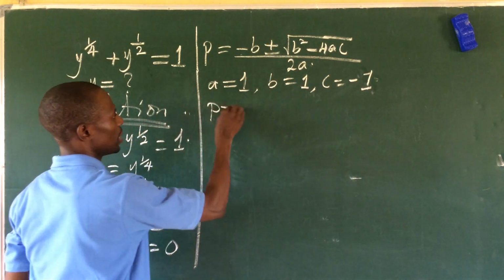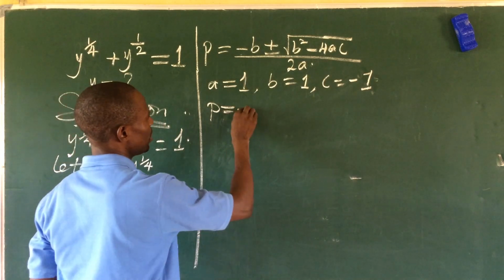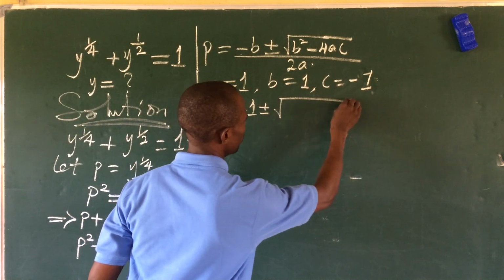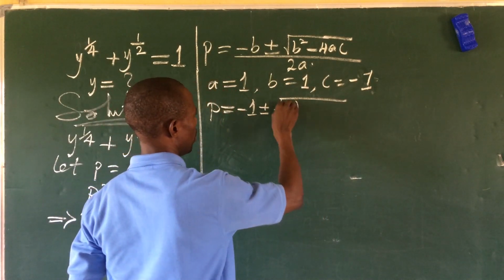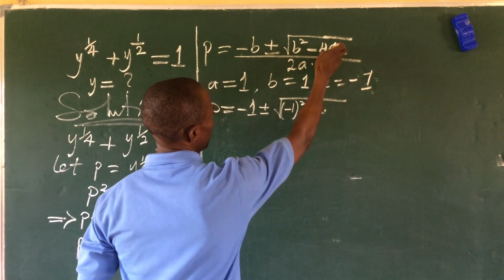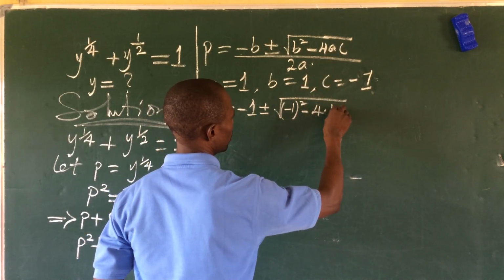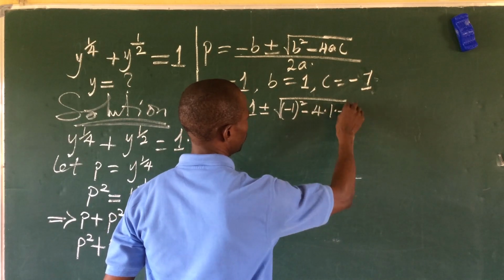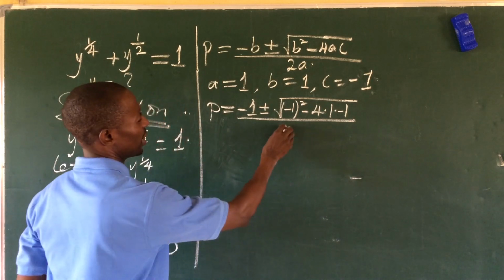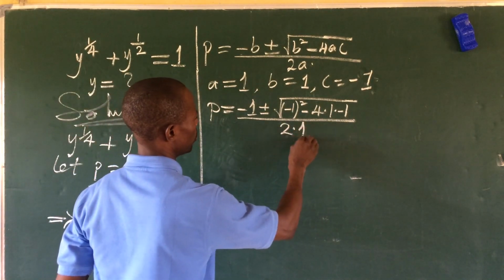We now have p equal to minus 1 plus or minus the square root of minus 1 squared minus 4 times 1 times minus 1, then everything all over 2 times 1.